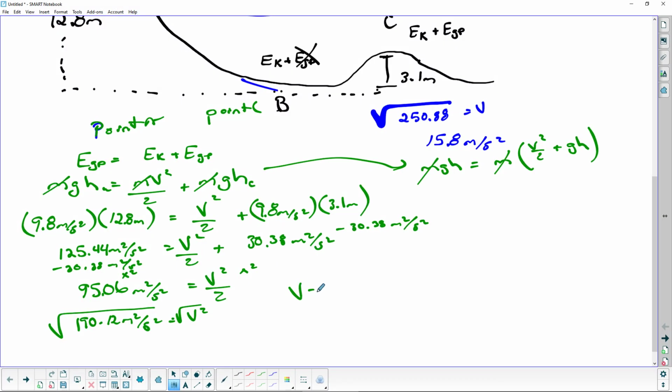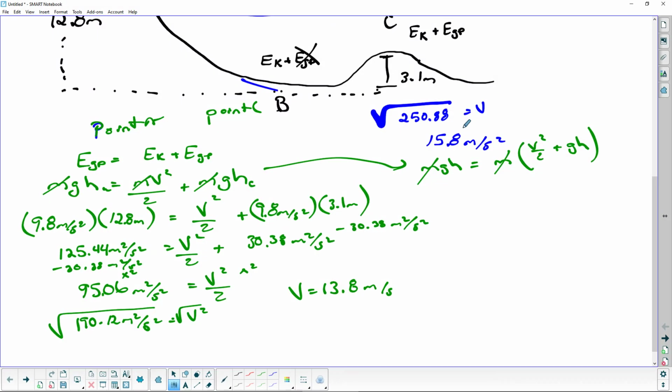When we do that on our calculator, we end up with 13.78 or so. So you can see it's slightly slower than what we had for our first one, a couple of meters per second slower.